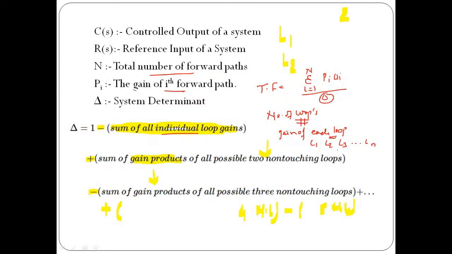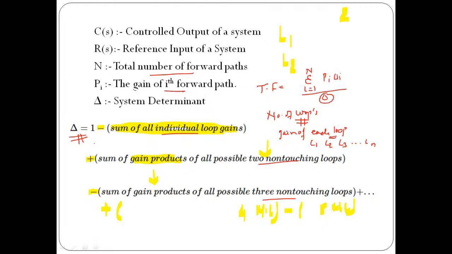And then we need to identify how many pairs of two non-touching loops there are, then three non-touching loops, then four non-touching loops, and based on that we need to manipulate this particular formula to calculate the value of the system determinant.